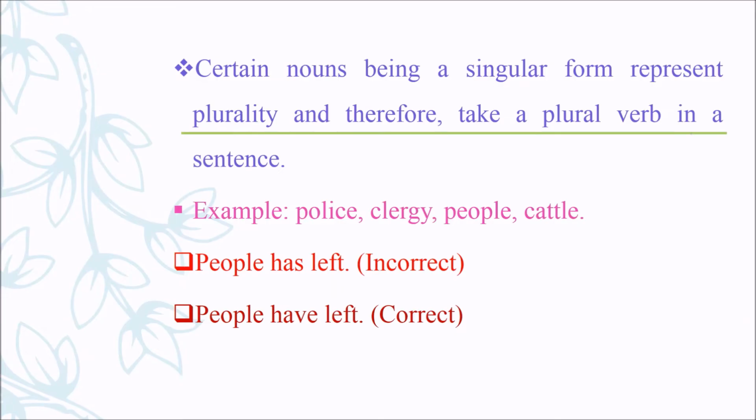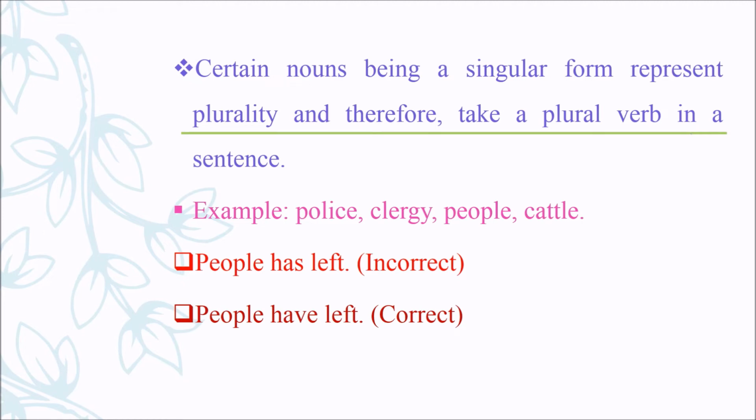Let's see the next rule. Certain nouns, being a singular form, represent plurality and therefore take a plural verb in a sentence. Let me read it again. Certain nouns, being a singular form, represent plurality and therefore take a plural verb in a sentence. Example: police, clergy, people, cattle.